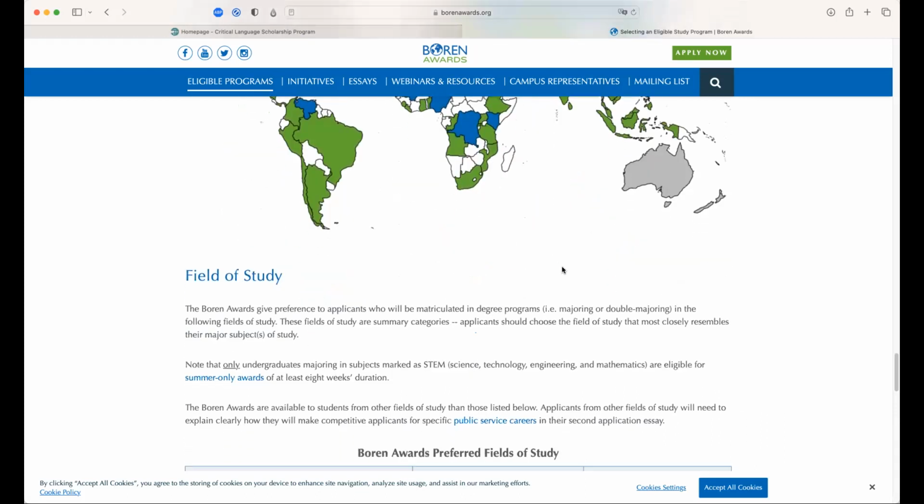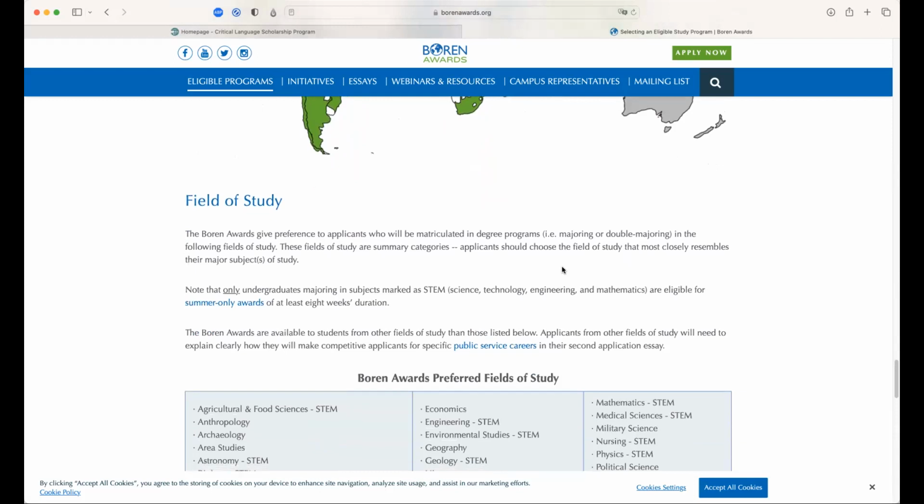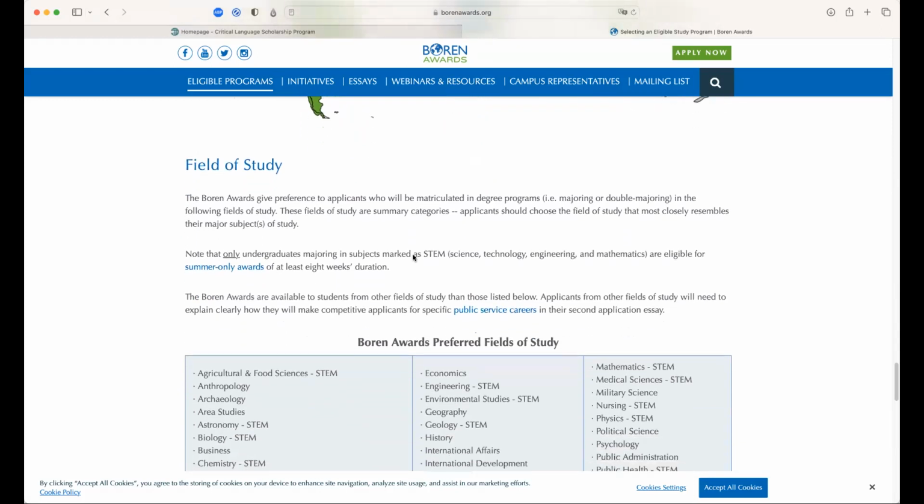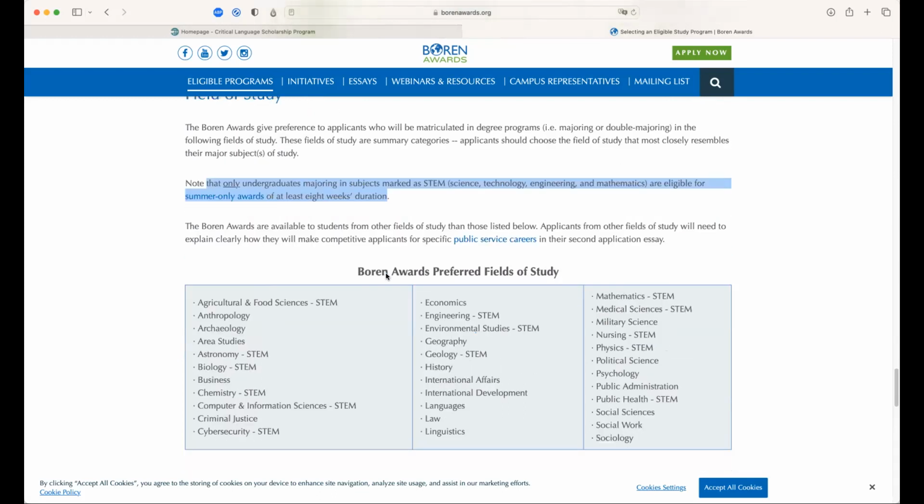All right, so there is an award specifically for undergraduate students. So if you have any students or colleagues or children who are following the STEM path, there's a special award for the Boren Awards that is allocated for people in science, technology, engineering, and mathematics.